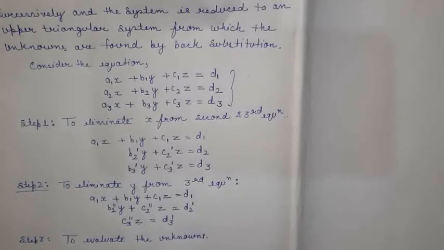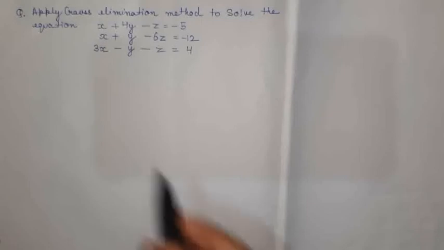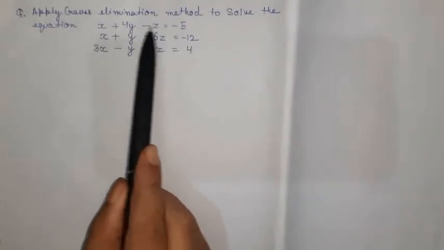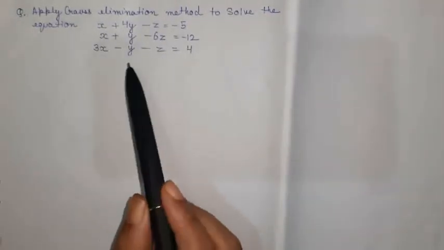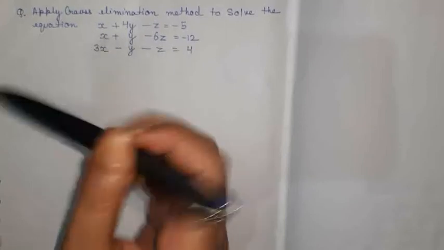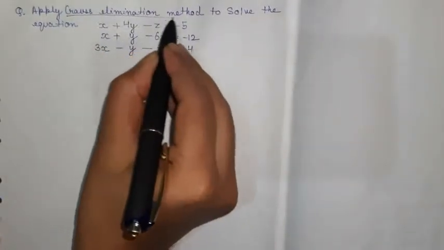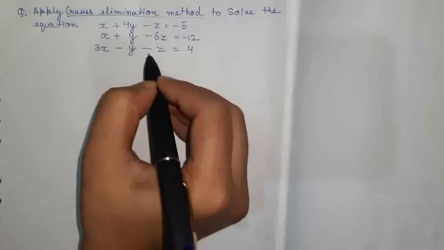So like this we will get the values of x, y and z. I am taking one example in which we will solve with the help of the Gauss elimination method and get the answer. Students, this is the question in which three equations are given, and we have to solve them with Gauss elimination to find the exact values of x, y and z.